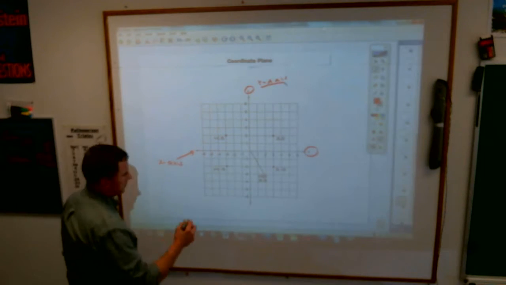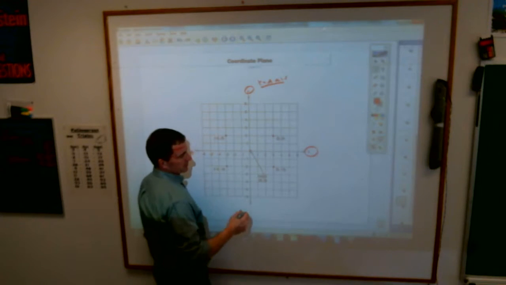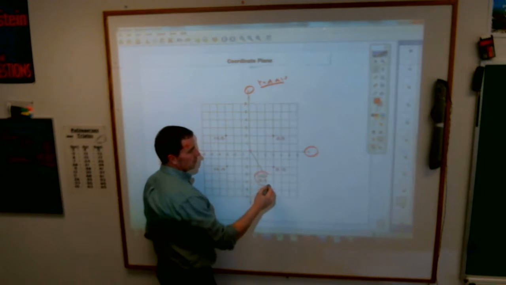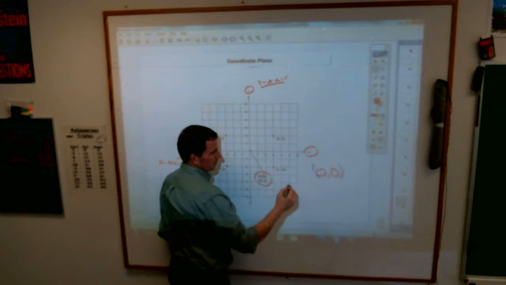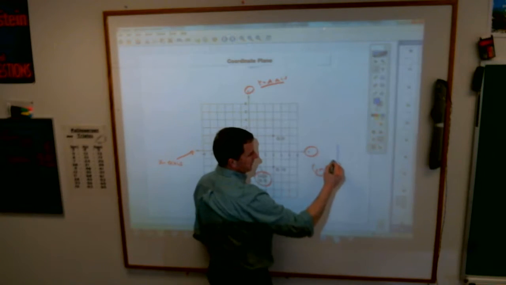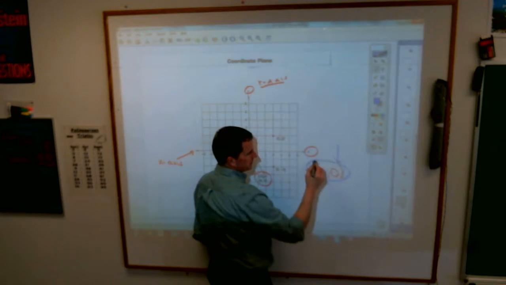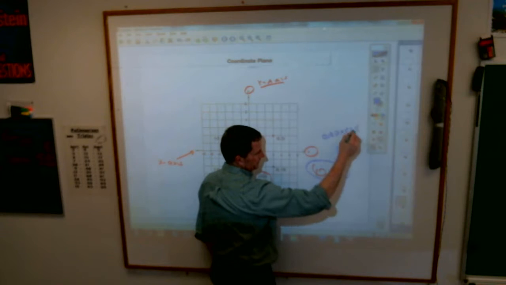We got the middle here, make sure you get that. The place where the X and Y axis cross is called the origin. It is point 0, 0. And when you have these points listed, this thing right here is called an ordered pair.